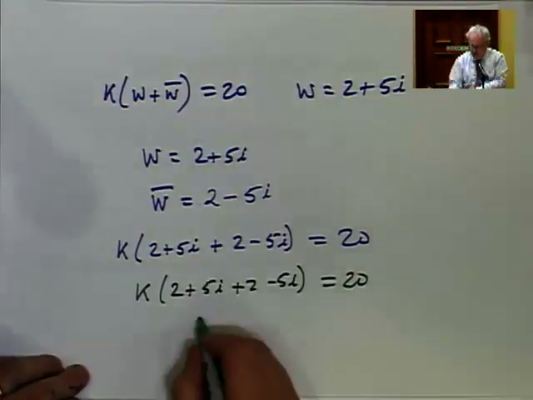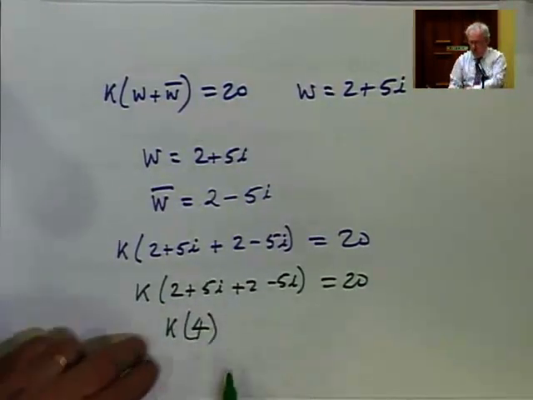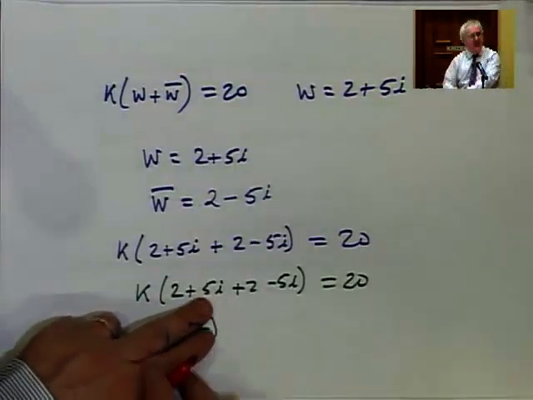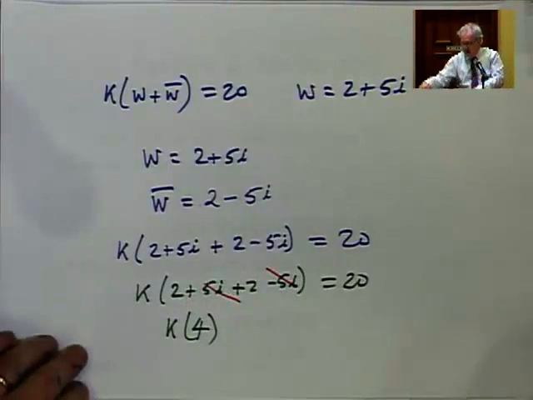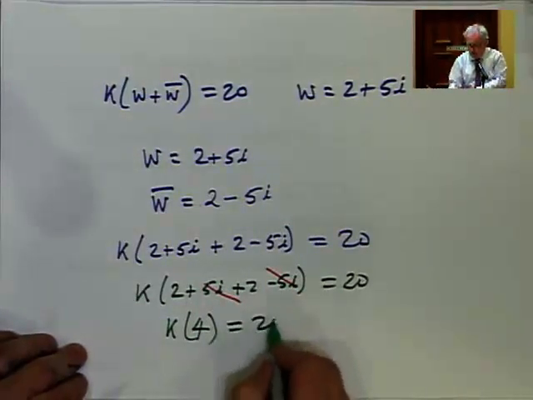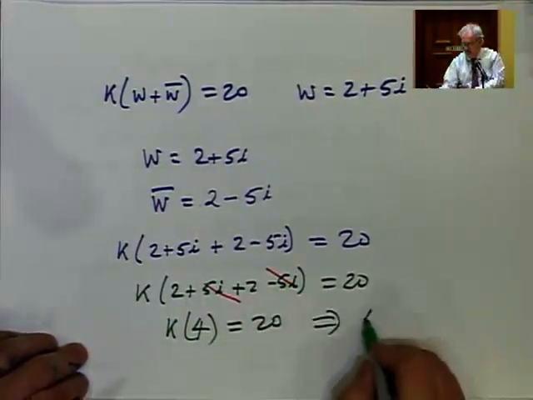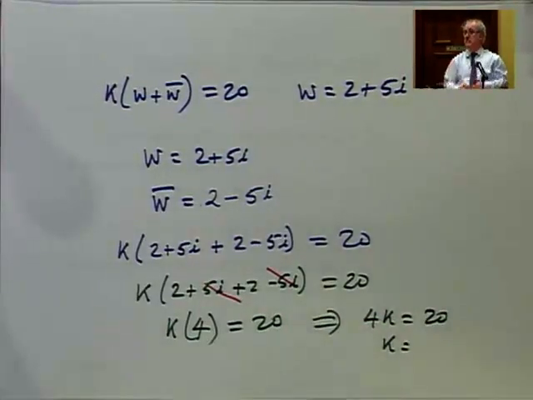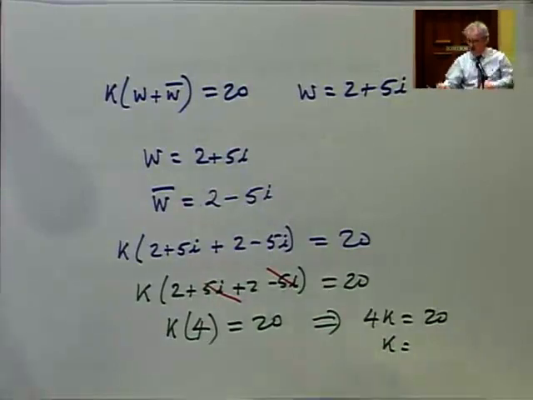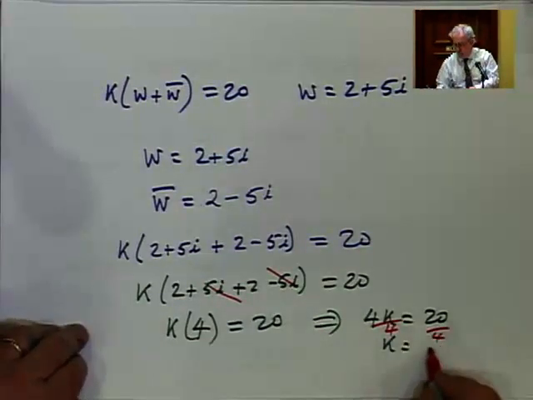So that will give you 4. What about the 5i and the minus 5i? Do they cancel? So if somebody told you that K times 4 is 20, or that 4K is 20, what would K be? Just divide by 4 on both sides. K is 5.